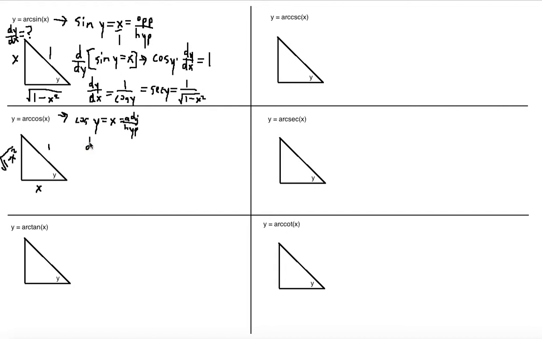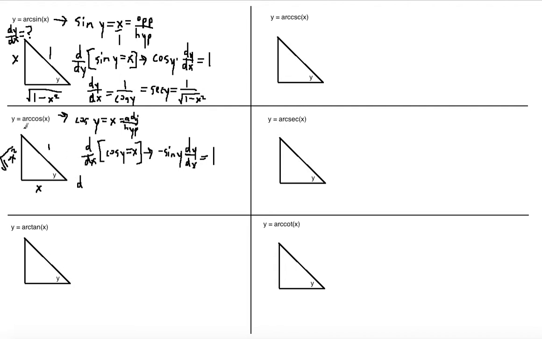I'm going to want to take the derivative with respect to x of that form that I learned the rule to. I'm going to need to use some implicit differentiation. And I get negative sine of y times dy dx is equal to 1.